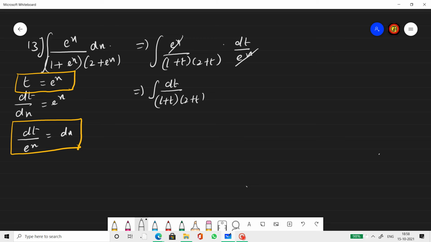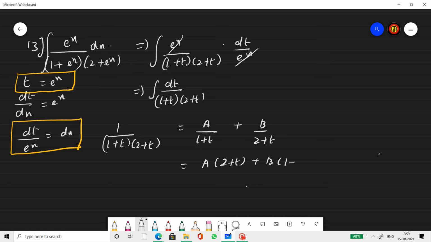So for the purpose of partial fractions, I am not putting the integration sign or dt. I am simply taking the terms separately. So 1 plus t into 2 plus t will get separated as a by 1 plus t plus b by 2 plus t. LCM will take you to a into 2 plus t plus b into 1 plus t equals 1.